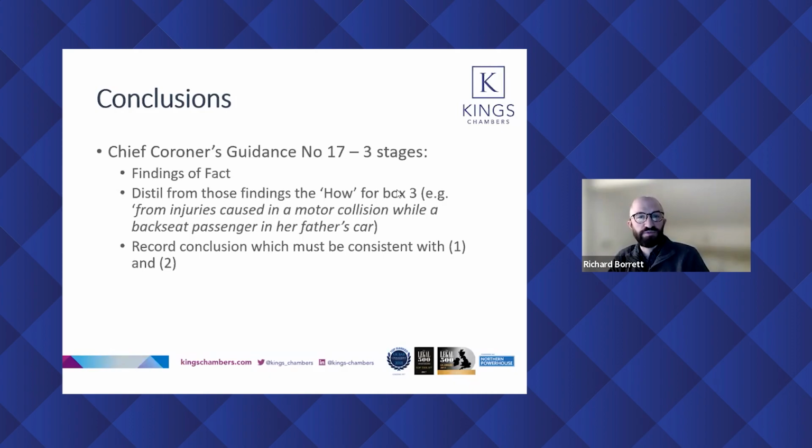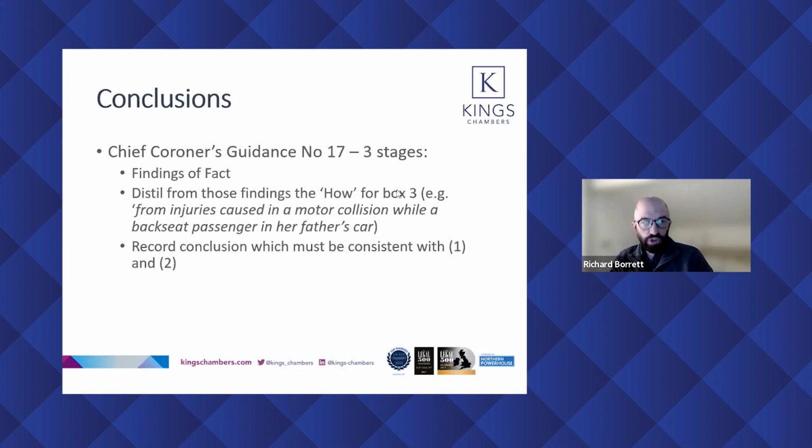Then, from those findings, the how, so box 3 on the record of inquest, and the how is a very brief description of what happened, for example from injuries caused in a motor collision whilst a back seat passenger in a car. Or it might be from internal bleeding following an appendectomy operation.